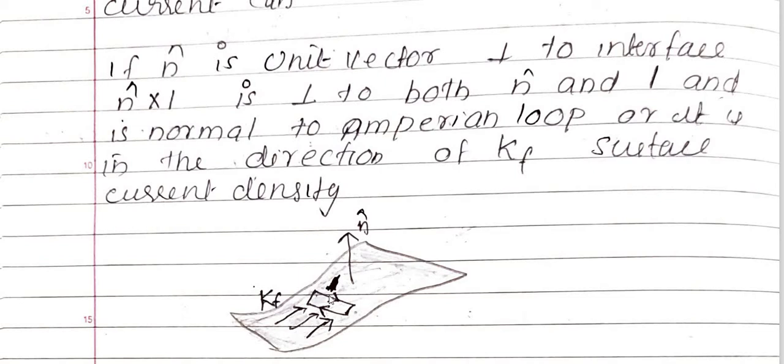So this is perpendicular to this Amperian loop. Consider a unit vector n which is perpendicular to the surface. When we take n cross L, it is nothing but the length of this Amperian loop.